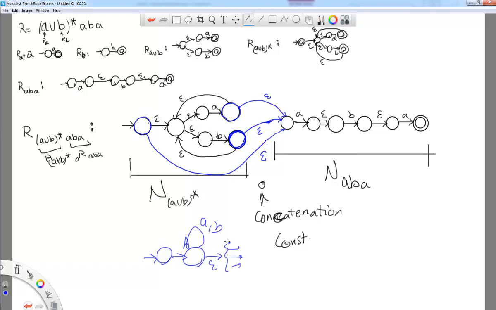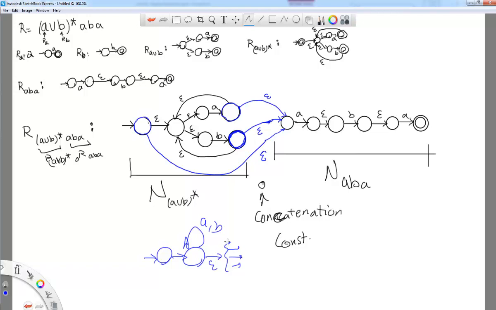So the idea here is that you have a mechanism to build NFAs from regular expressions, and you can simplify your machines or leave them as they are, and even when you're finished with your NFA, you can convert it into a DFA if you wish.